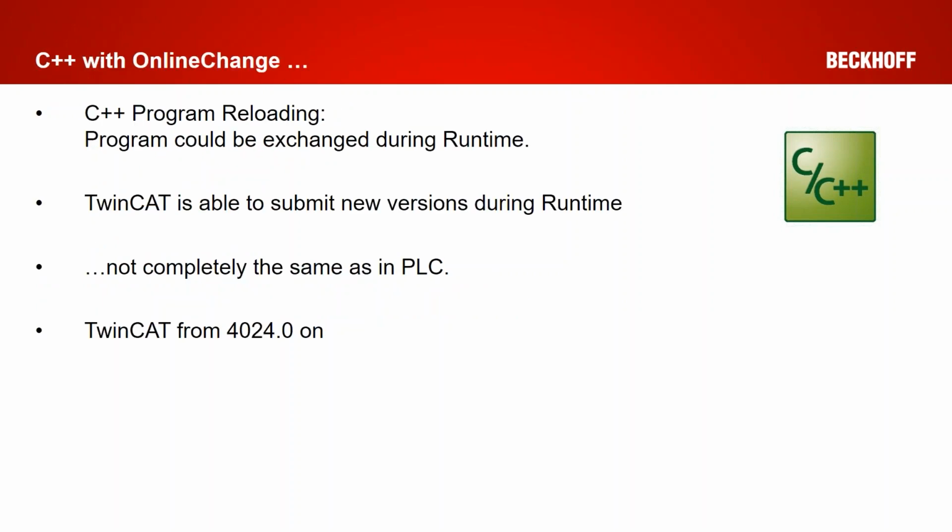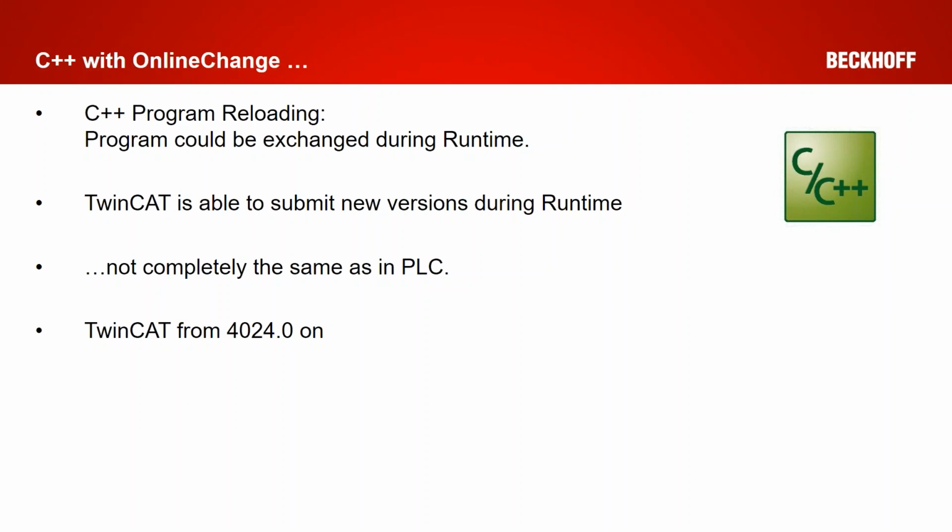C++ with OnlineChange, what does that mean? It's a reloading of the program code. So the executed code, which is in the runtime, could be exchanged by the TwinCAT system without going to the config mode, so without restarting TwinCAT. That's the main feature.